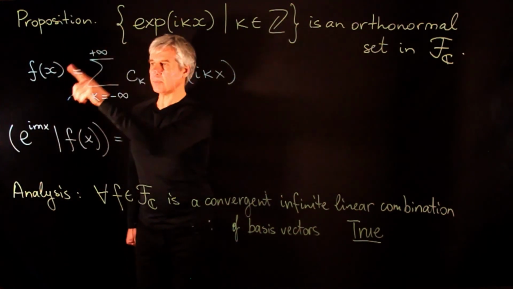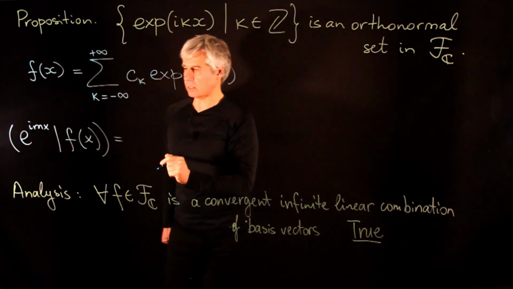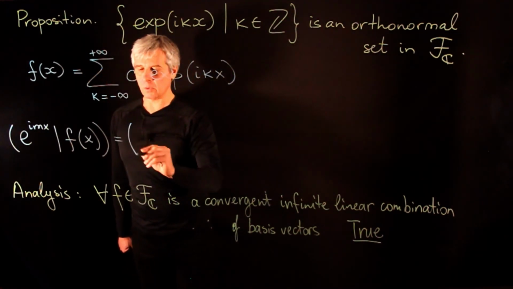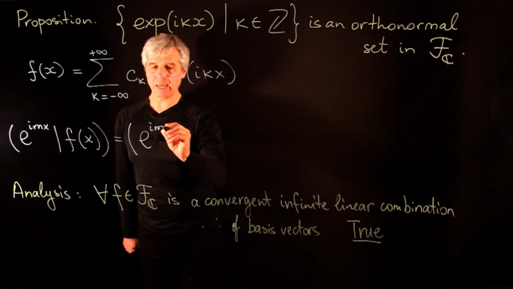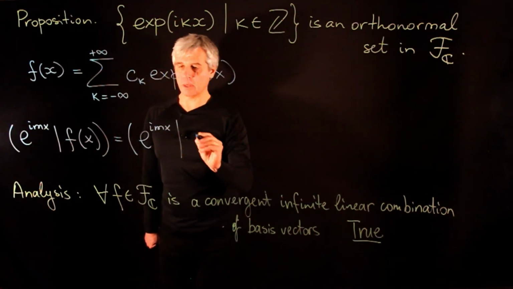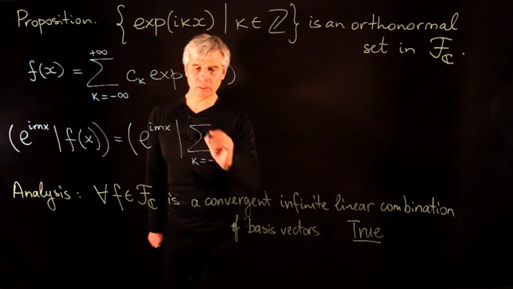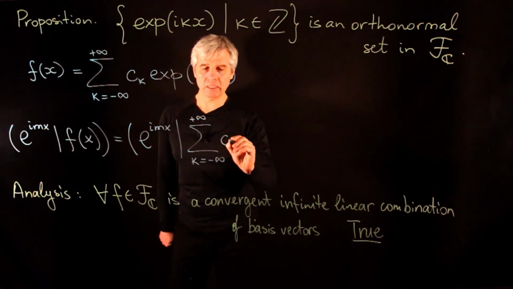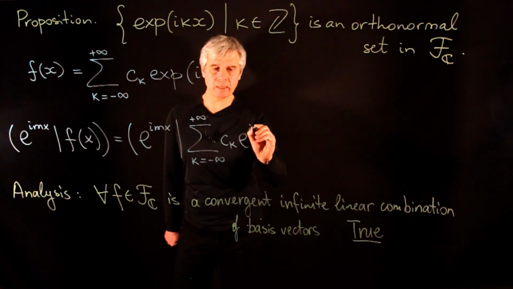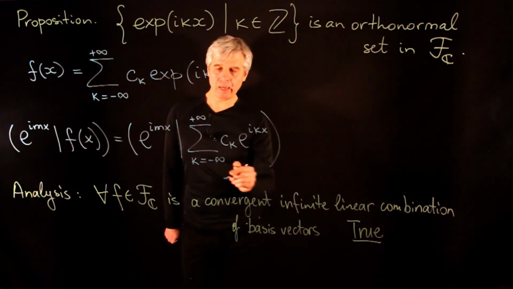And if we substitute for f of x this infinite series, then we get e to the imx with the sum, k goes from minus infinity to plus infinity, ck e to the ikx.